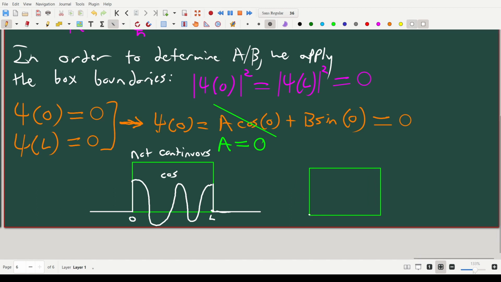A sine wave starts at 0 and goes up, goes down, and goes up, and goes down, something like that. That's a really poorly drawn one. And of course, the value of the wave function on the outside is 0. So let's take the limit of the wave function as we go from the left to the right side of a boundary. The limit as we go this way towards the boundary is 0, and the limit as we go this way towards the boundary is 0. So this is continuous.